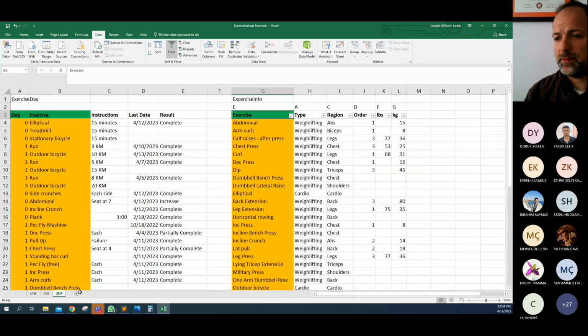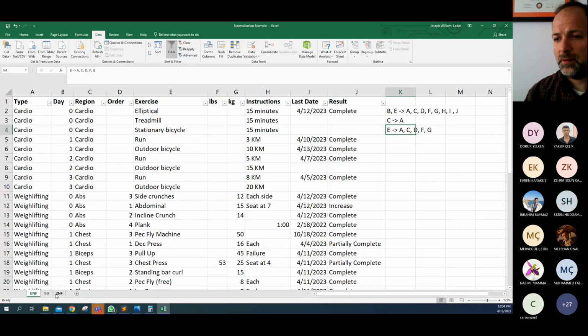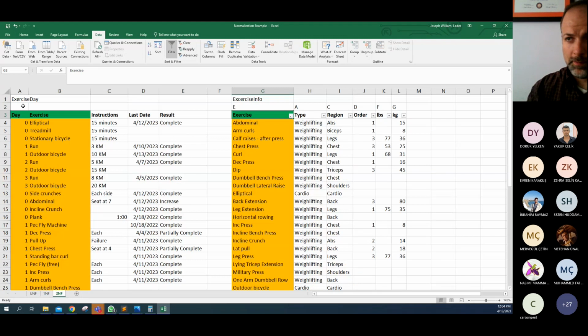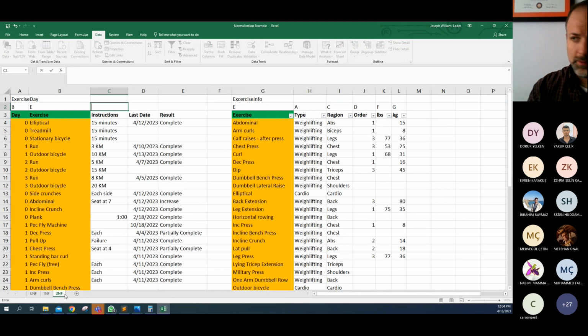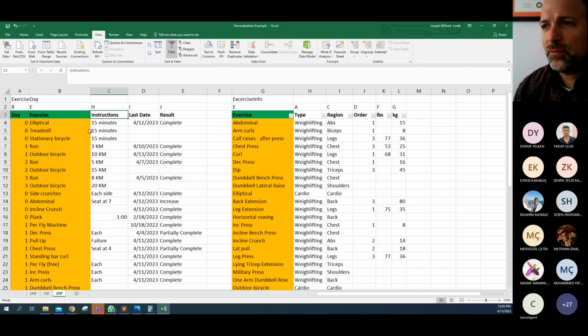Yep. Day was B. Instructions, HIJ. Those were the original column letters. I like to use column letters so it's easier for you guys to write down what the functional dependencies are.